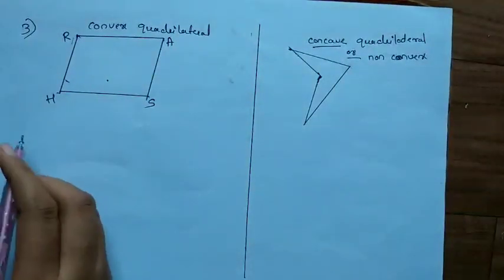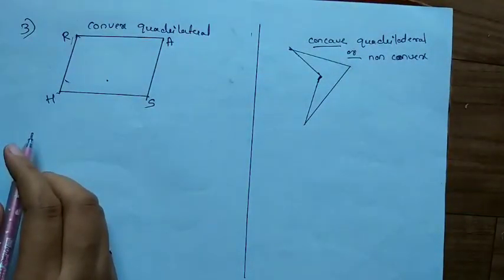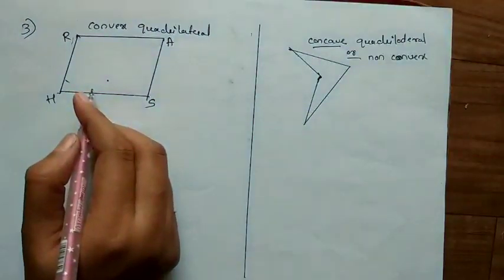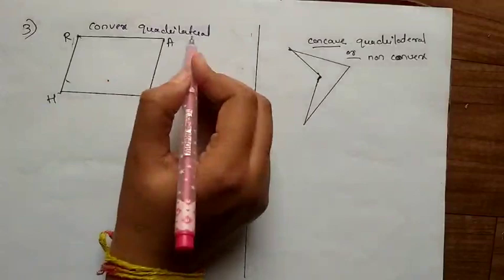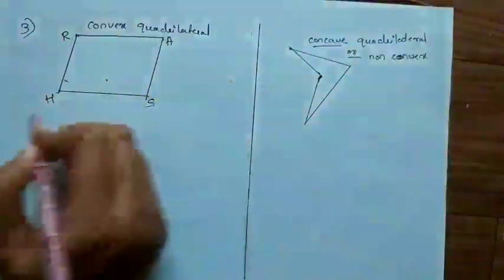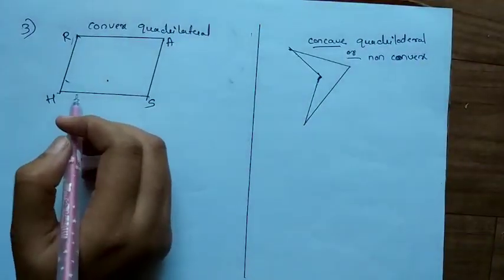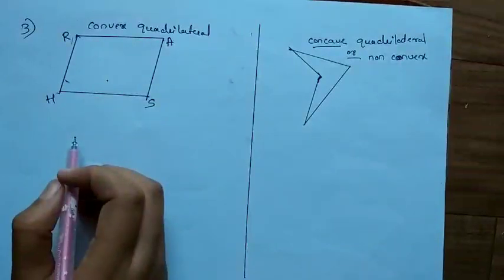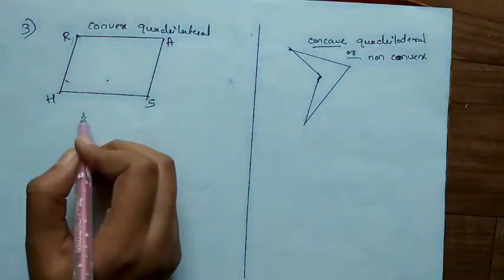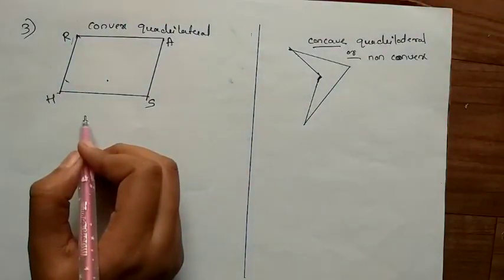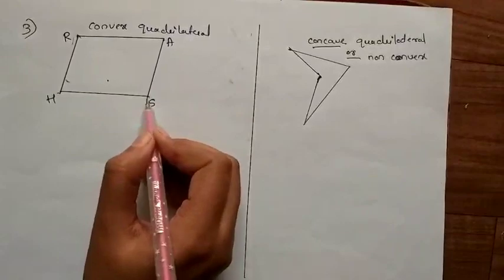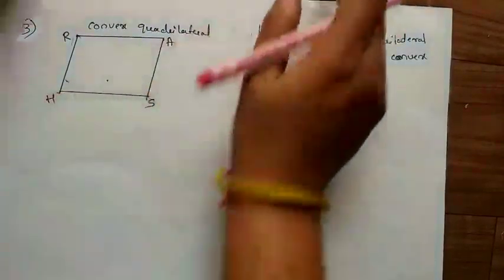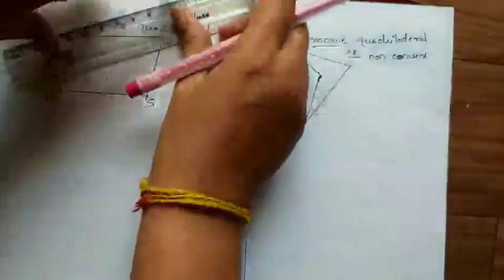For solving this, I am applying the angle sum property of a quadrilateral: the sum of the 4 angles of the quadrilateral is 360 degrees. We have to prove that condition, which we already learnt in the previous class. For this, we have to construct one diagonal. I will construct a diagonal from either R to S or A to H. I will construct the diagonal A to H.